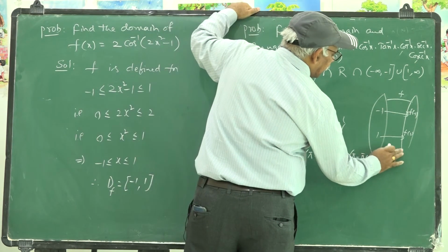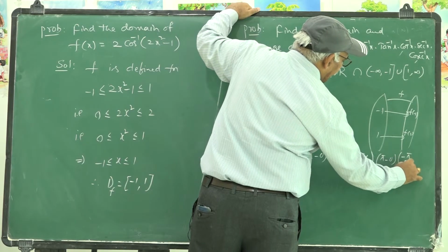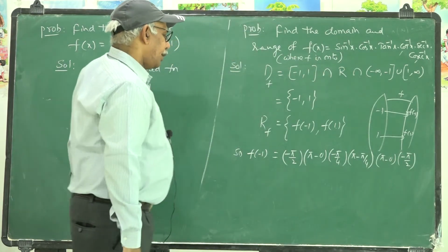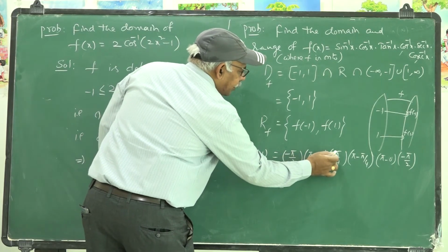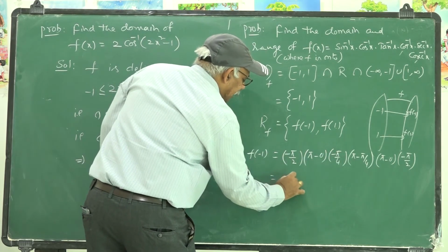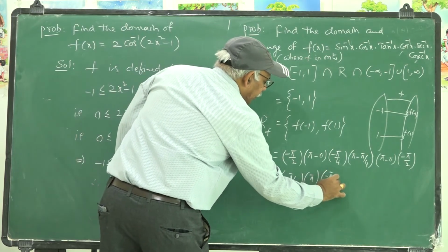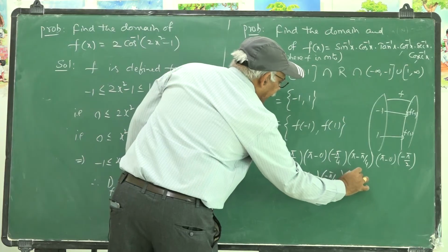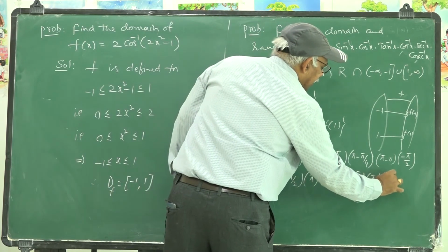Cos inverse of minus 1 is pi. So that this is minus pi by 2, pi minus pi by 4, this is 3 pi by 4, and pi again, minus pi by 2.